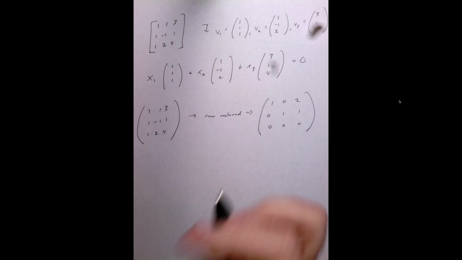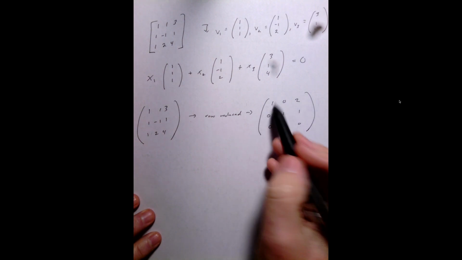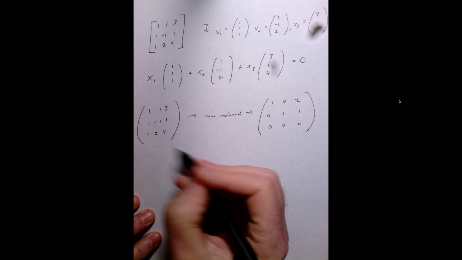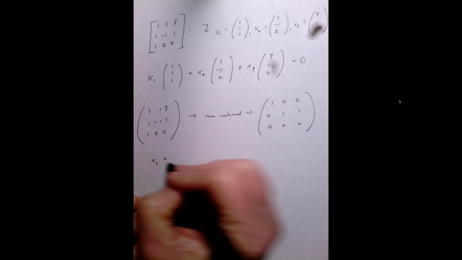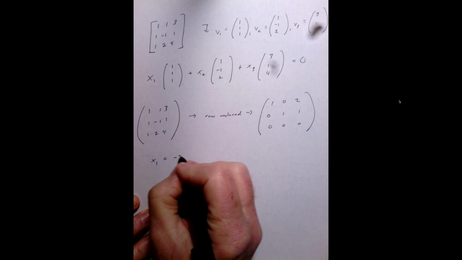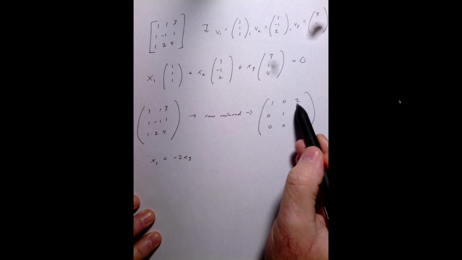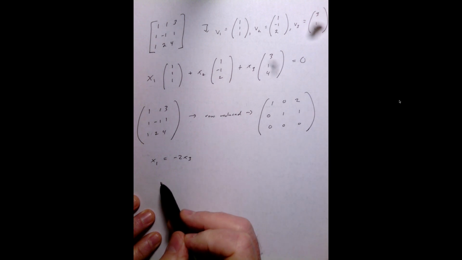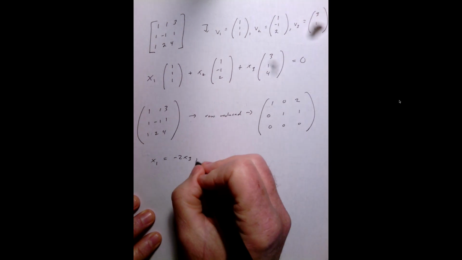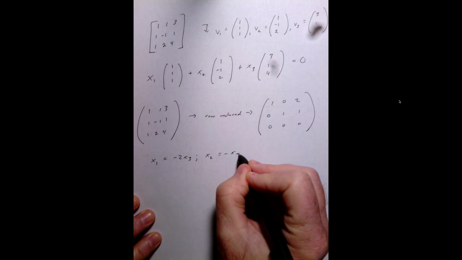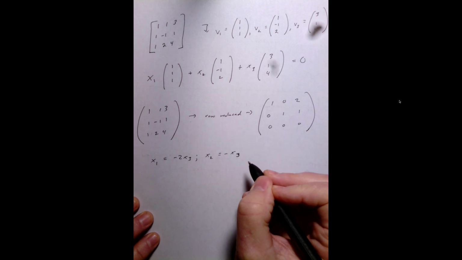All right. So the top row tells me that, again, let's say x1s, x2s, and x3s. So this tells me that x1 is equal to negative 2x3, because this is saying x1 plus 2x3 equals 0, for obvious reasons. And it tells me that x2 is equal to negative x3, right?